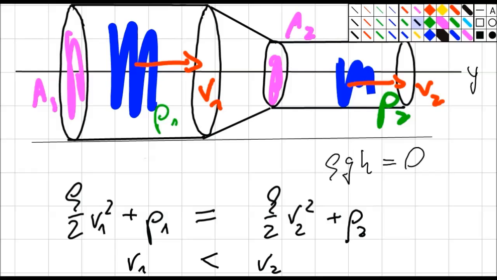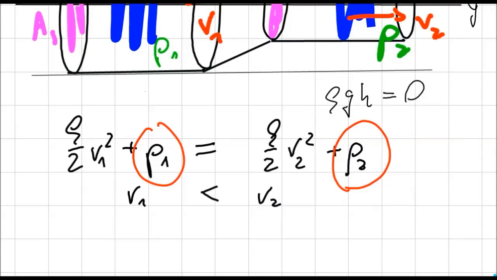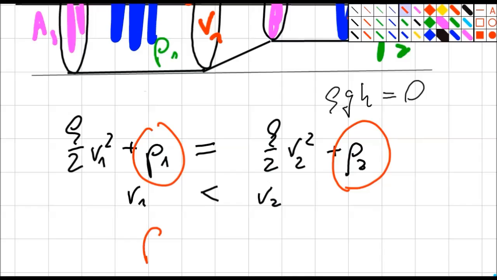In the smaller diameter, the fluid has to go faster in order to have the same throughput like in the bigger diameter. And the consequence out of this is that the pressure 2 needs to be less than the pressure 1, because v1 is less than v2. I say it again. Pressure 1 is now larger than pressure 2.